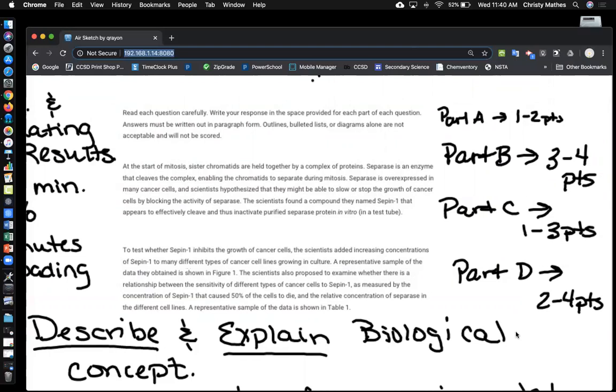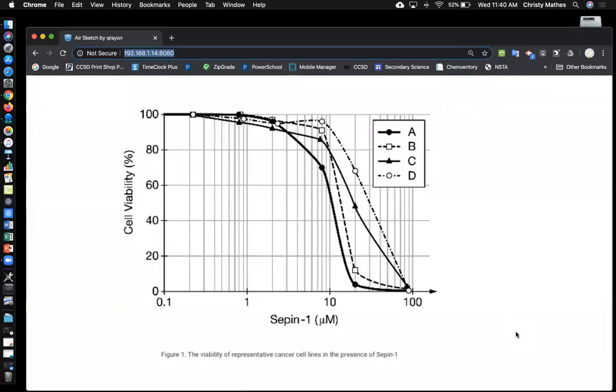So let's apply all of this then to our test question that we worked on together. Looking at this, you have all of this background information that you needed to read that was important so that you understood what was going on. Then we went to the graph. You need to be able to look at the graph and understand what's happening.